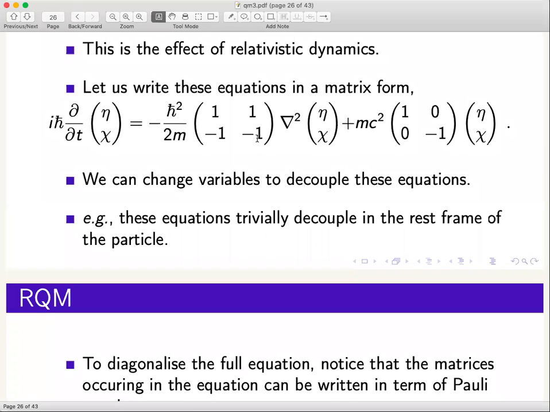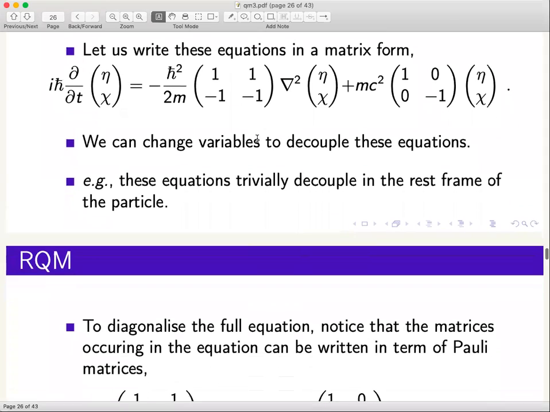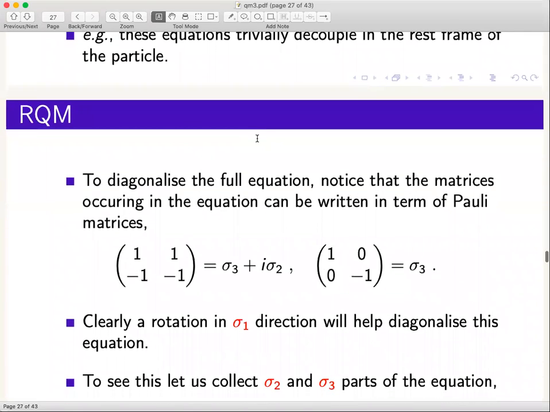Just like a rotation in the xy plane is a rotation about the z axis. So here we will do a rotation in the sigma 1 direction. If you do that, then sigma 3 and sigma 2 will mix, and this will help us diagonalize the entire equation.